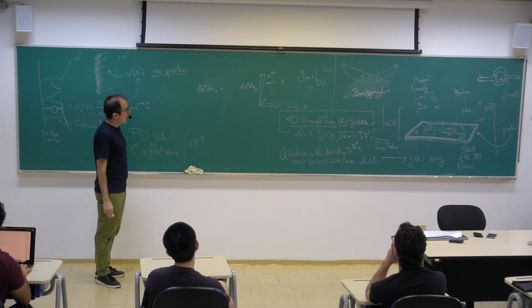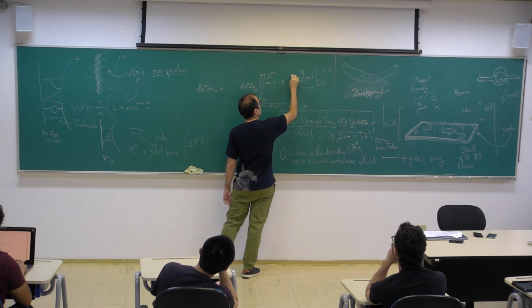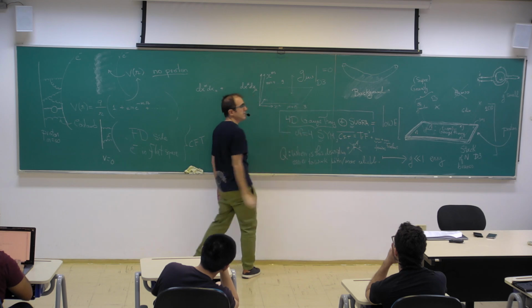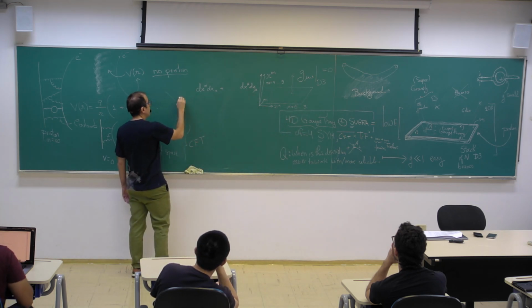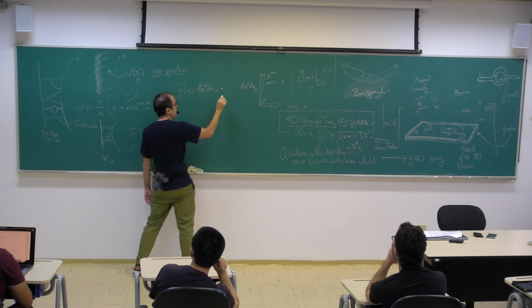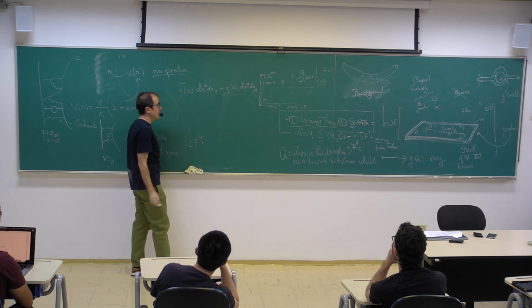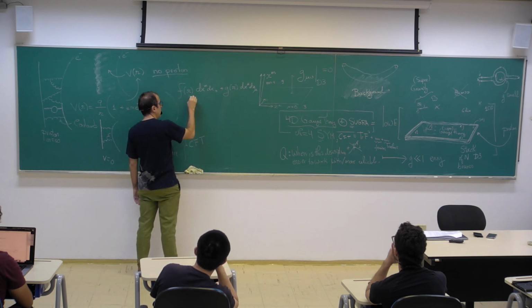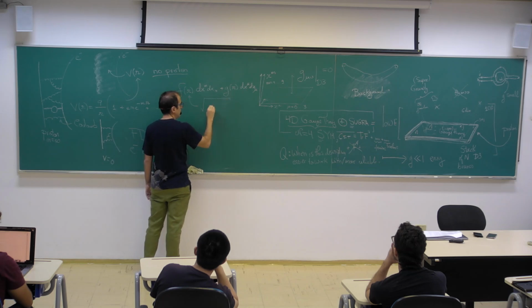And what we could have is that a given point could depend on the distance to the stack of branes. That's the only thing that there could be. So there could be a function f of the distance to the stack of branes, and here another function of the distance to the stack of branes, where this r would be the square root of x^m x^m.